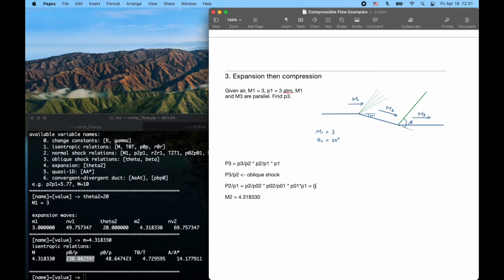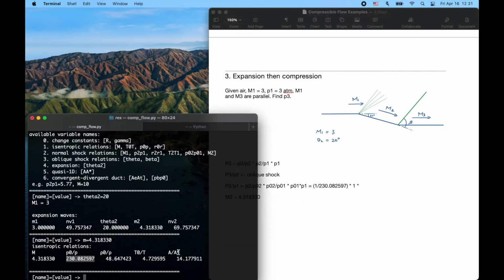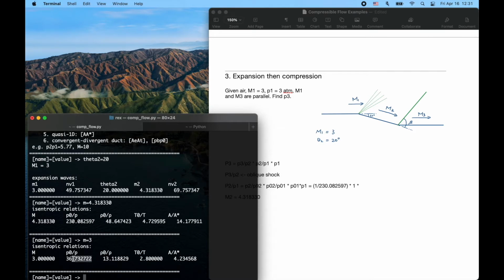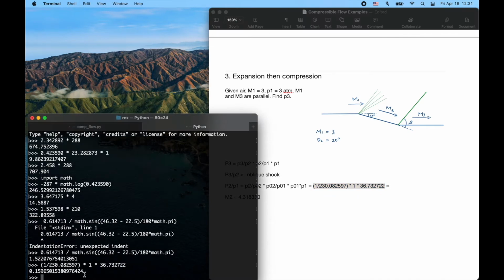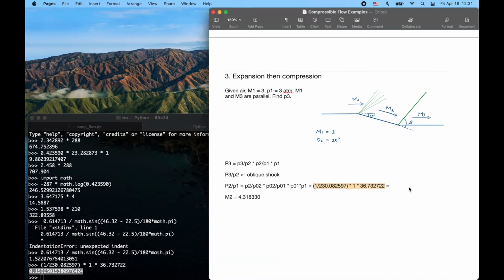However, it's 1 over that because it's P2 over PO2, times, this is 1 because they are the same, PO1 over P1 is Mach number 3. So what is this number?